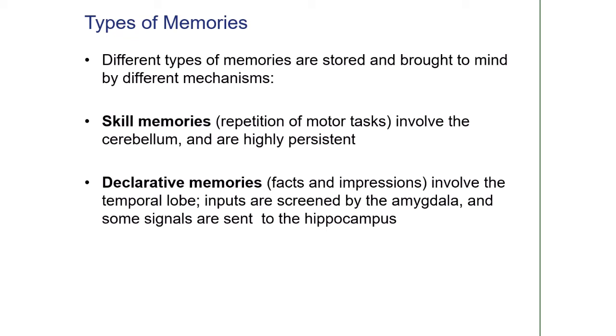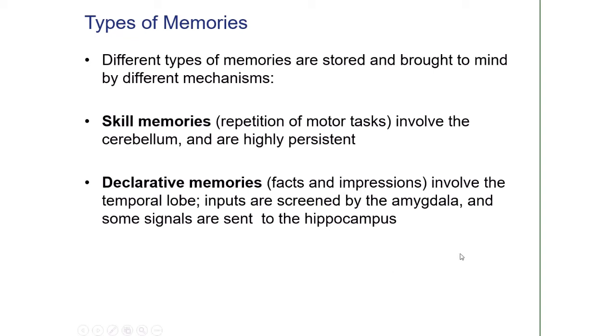But if I ask you, what did you eat for your last birthday, or for your last anniversary, right? You might remember it. You're likely going to remember that because it was hopefully a pleasant experience. So for things that are pleasant, your amygdala will not filter them out, and you're more likely to remember them in your hippocampus.